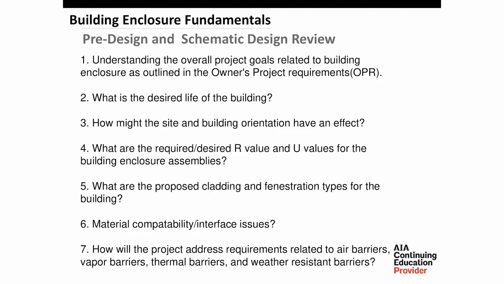What are the required or desired R-values and U-values for the building enclosure assemblies? What are the proposed cladding and fenestration types for the building? What are any issues that might be present as far as material compatibility or interface issues? And how will the project address requirements related to air barriers, vapor barriers, thermal barriers, and weather-resistant barriers?